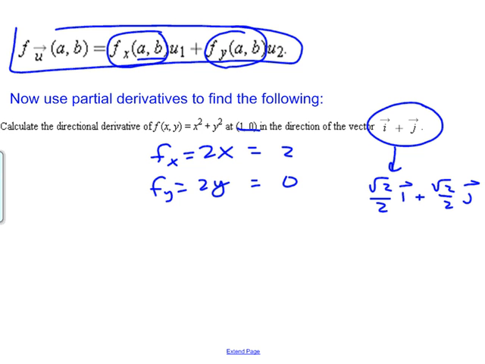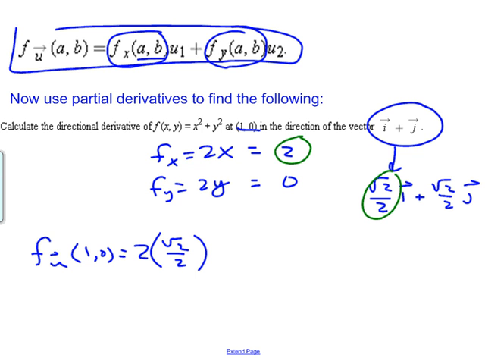So therefore, my directional derivative in the u direction at the point (1, 0) is going to equal 2, and that's coming from here, times root 2 over 2, and that's coming from here, plus 0 from there, times root 2 over 2, and that's coming from here.